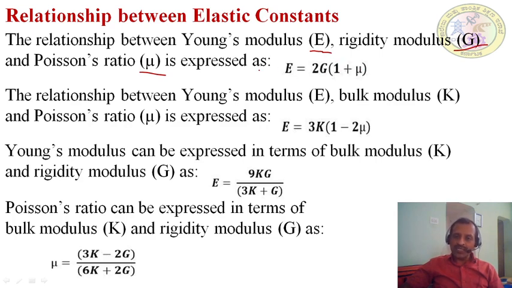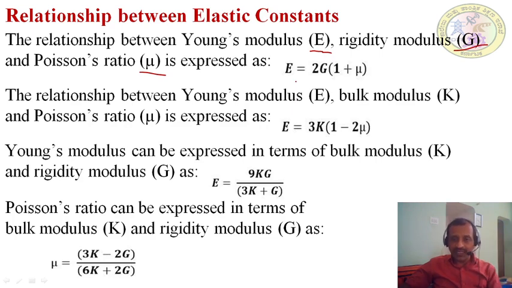You should remember only the relations between the elastic constants at this point of time. For the diploma, you have to remember only the relations. You don't worry about how this equation arrived; this derivation is not in your syllabus.